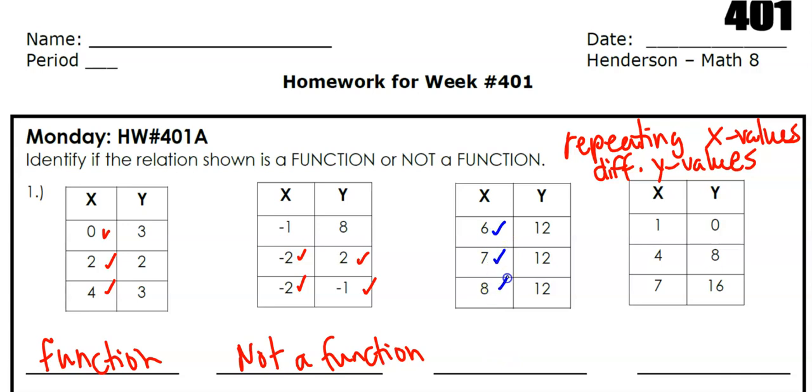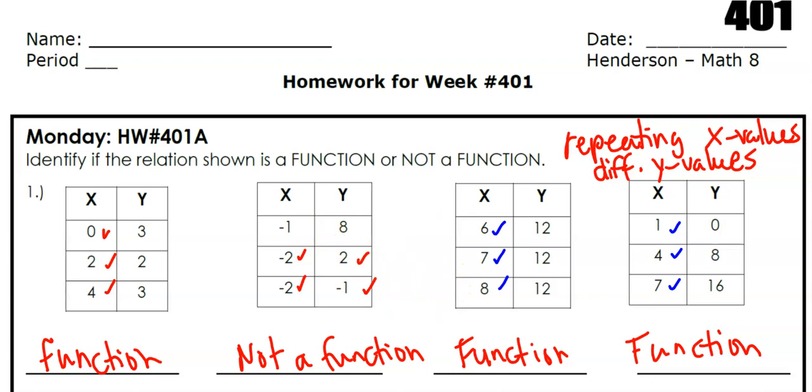Here we have all unique x's, so that one is a function. And for our fourth table here, we have all unique x's, so again, we have another function. So only one of them does not suffice to be a function.